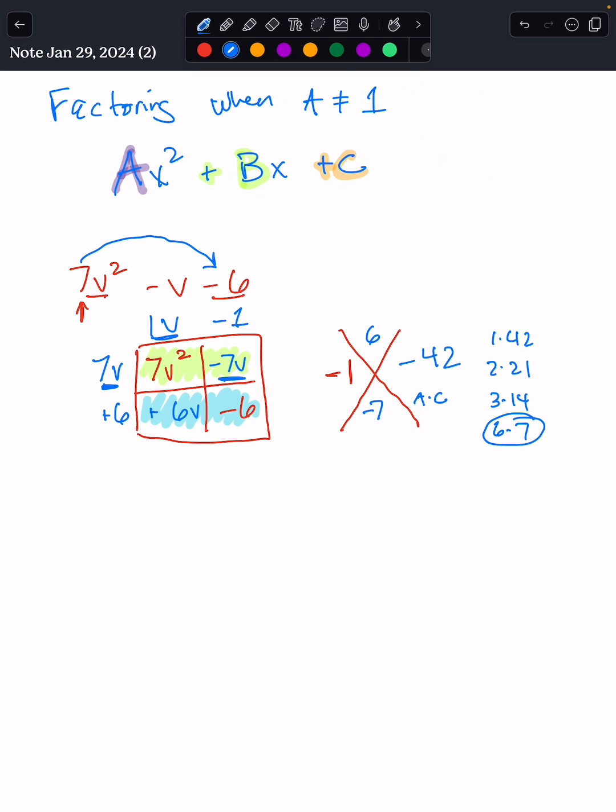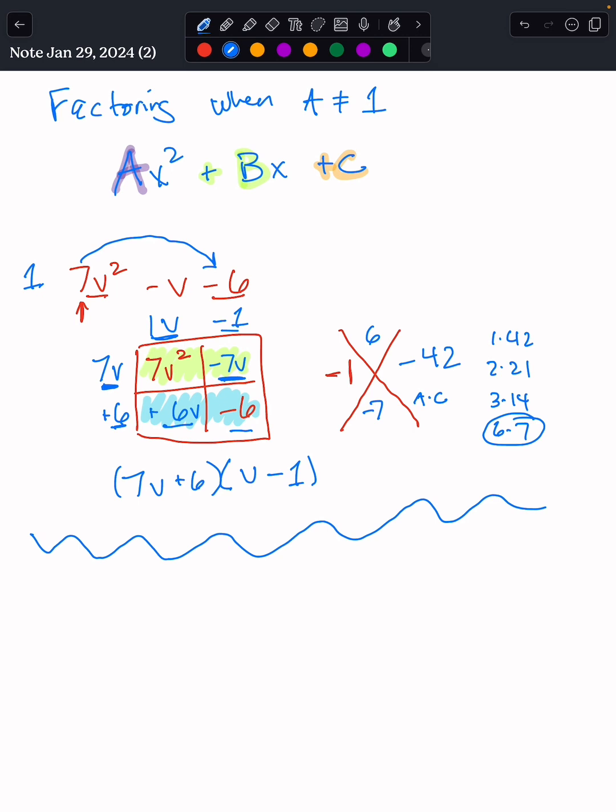Okay, so 6 times the 1v on the top makes this 6v. 6 times this negative 1 is negative 6. So I checked a couple places. So my factors are going to be 7v plus 6, and then it'll be v minus 1. That is the first one. I'm going to do a total of 5. So this is number 1. Okay? So that's the end of number 1.